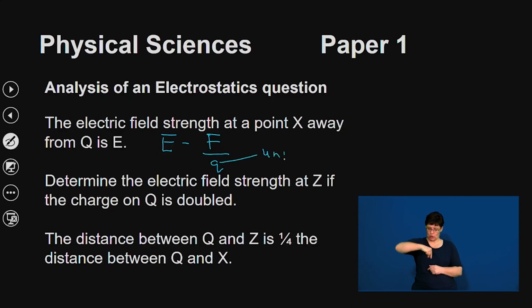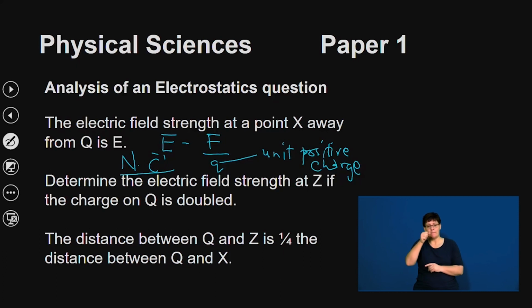This is a unit positive charge, which is +1 coulomb. Take note of that. So in the definition of electric field at a point, you need to clearly state that this is the force experienced by a unit positive charge, which is why the SI unit is newton per coulomb. If we talk about per coulomb, we're talking about 1 coulomb of charge.